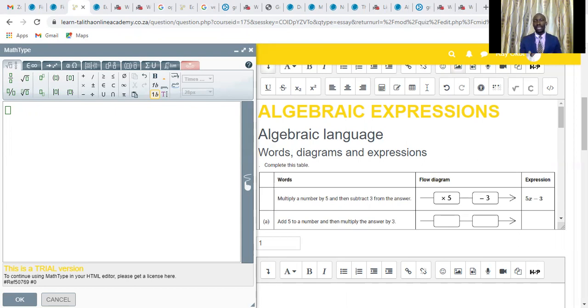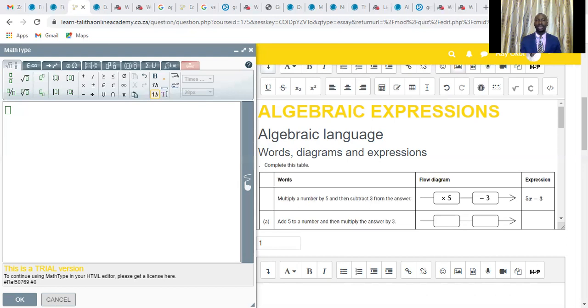Two different expressions that produce the same result are called equivalent expressions. We will also be looking at some of those expressions that produce the same result.